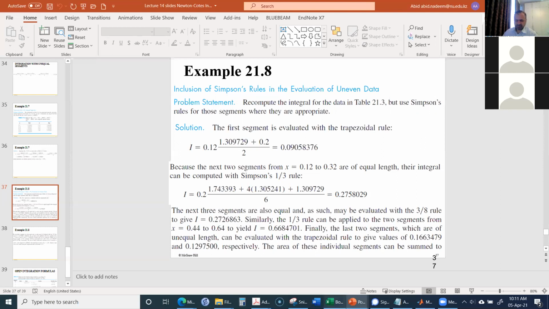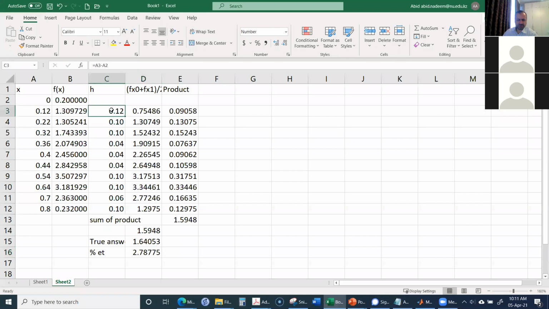So for example, if we see in this data, after the first segment, okay, for example this one, and then after the first three segments, the next three segments are equal, okay, and then these two segments are equal, and then they are unequal again.